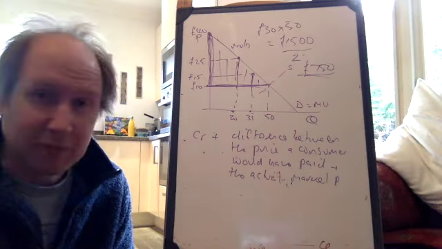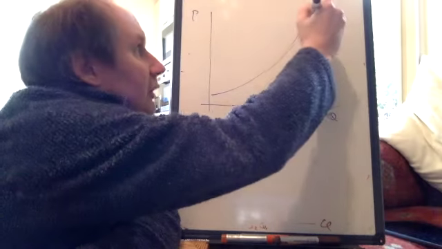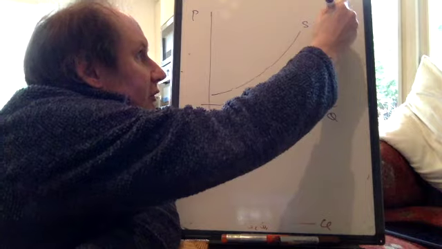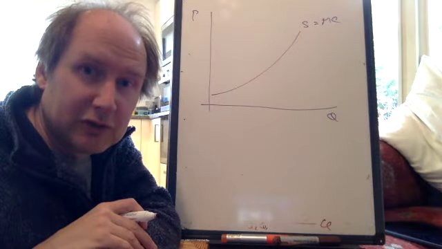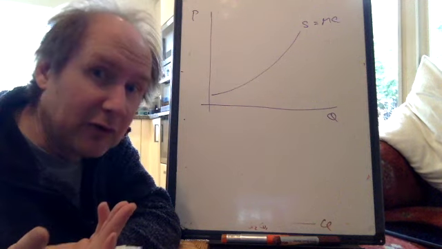We said supply shows how many units a firm is willing to sell, but it also shows the marginal cost. It shows the cost of producing each unit. So the firm won't sell unless the price is above cost, for obvious reasons.